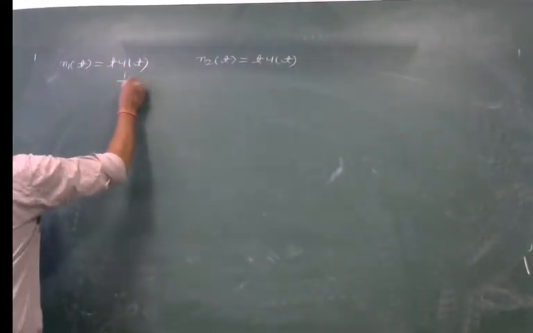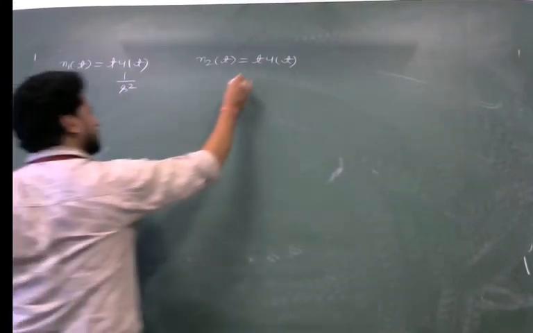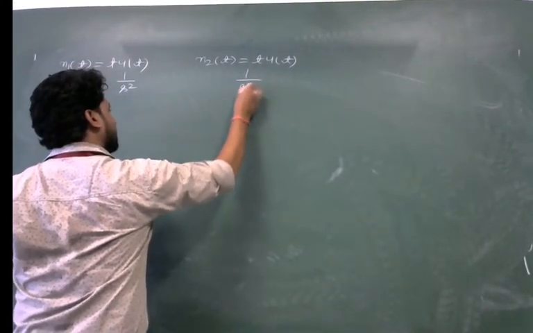What we have to do is get the convolution of x1(t) with x2(t). For that purpose, we need the Laplace transform of x1(t) and of x2(t). We know that the Laplace transform of t u(t) is 1 upon s square. So both the Laplace transforms will be equal to 1 upon s square.